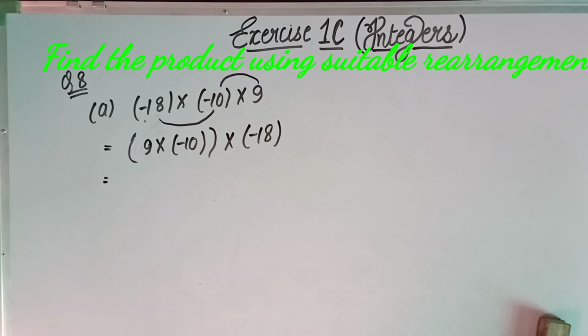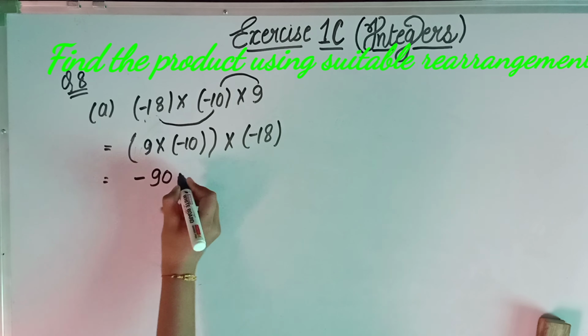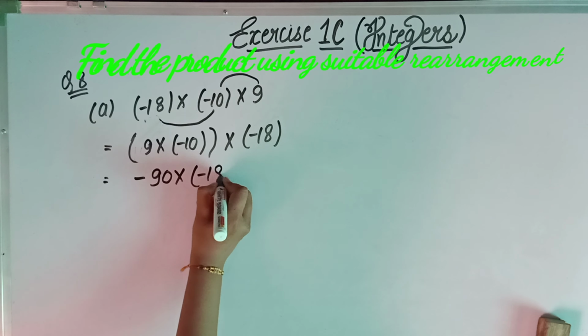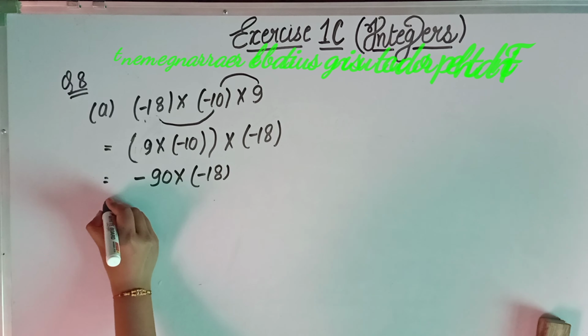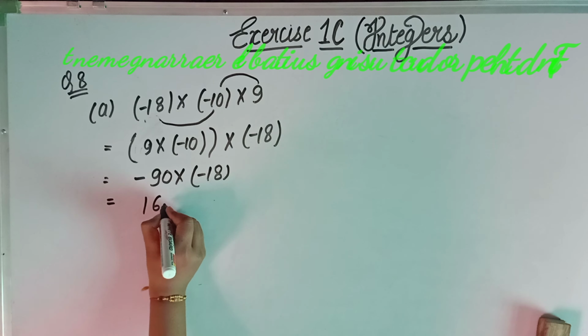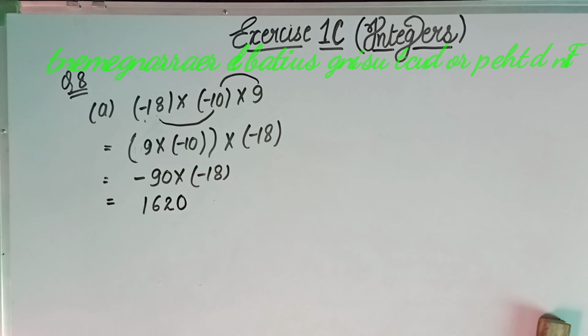Here I choose this in a group. So 9 times minus 10 is minus 90, multiplied by minus 18. I am solving this group first. Now minus 9 multiplied by minus 18, we know it is going to be 162 and there is 0, so 0. And minus minus makes it plus, so we put plus over here.